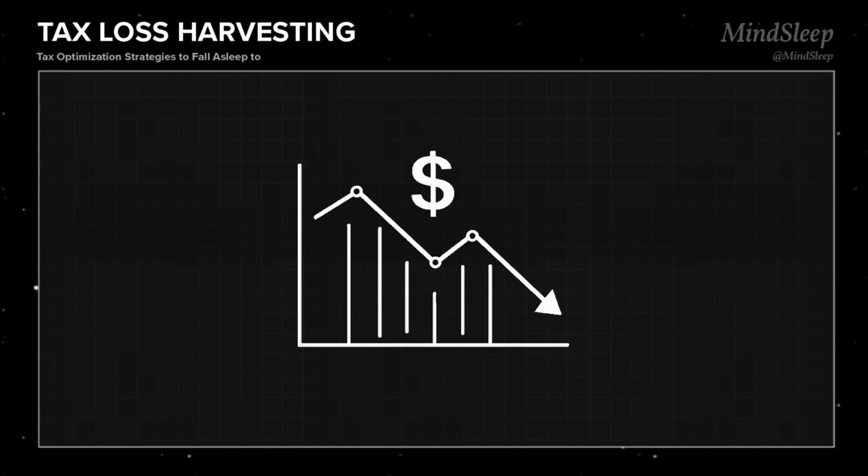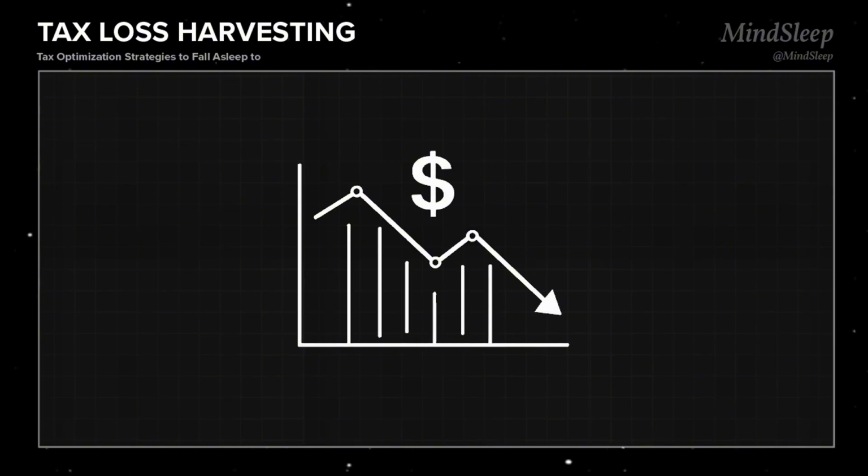Second, it requires a forward-looking approach, anticipating potential gains and losses, not just in the current tax year, but in future years as well. Research has shown that systematic tax loss harvesting can potentially add significant value to a portfolio over time. A study by Parametric Portfolio Associates suggested that tax loss harvesting could add up to 1.5% in additional after-tax returns annually.